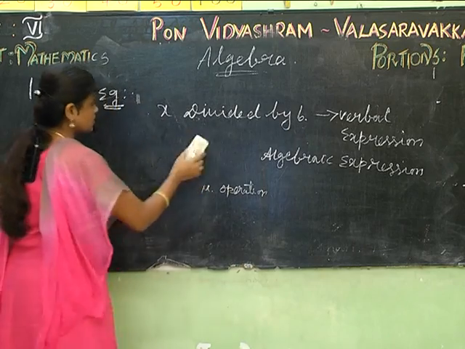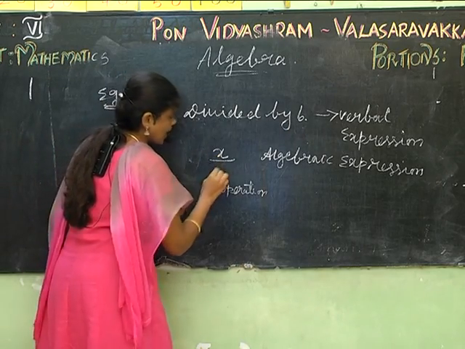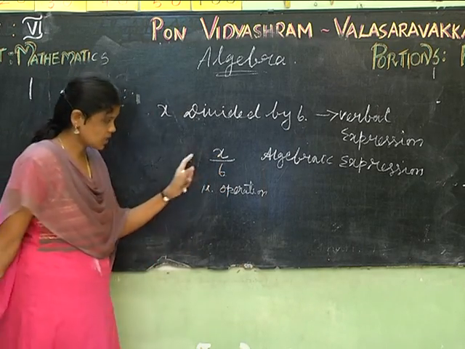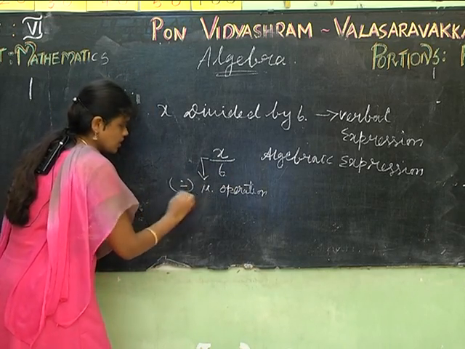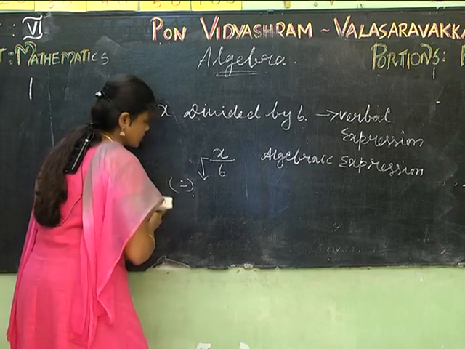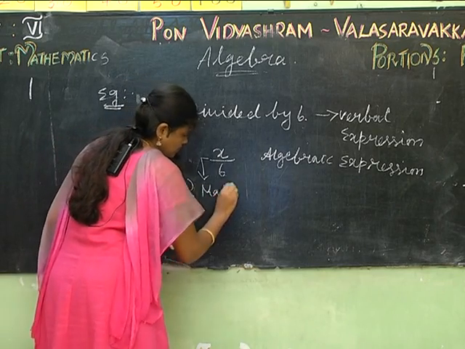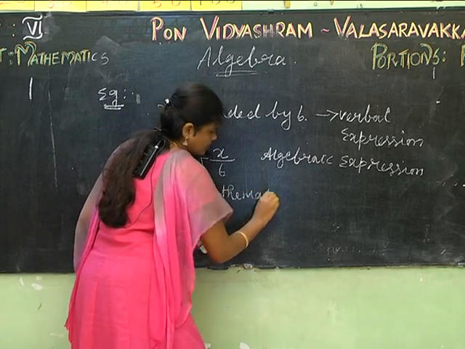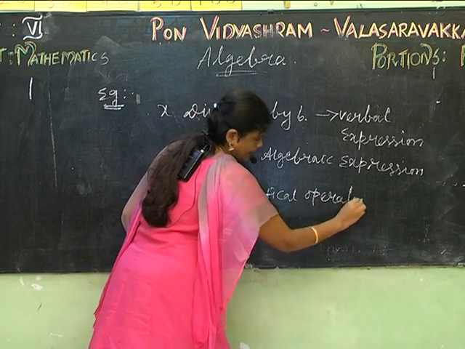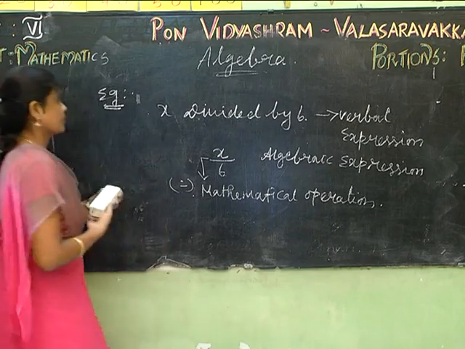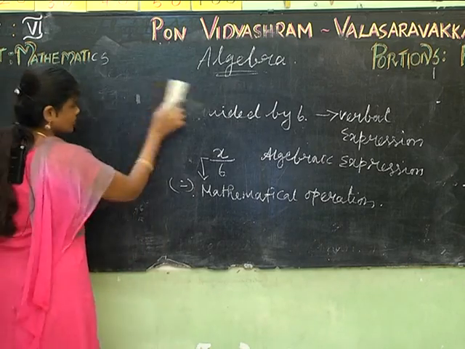How can you write this? x is divided by 6. This one is an algebraic expression. Here the mathematical operation we are using is called division. Okay, next one.